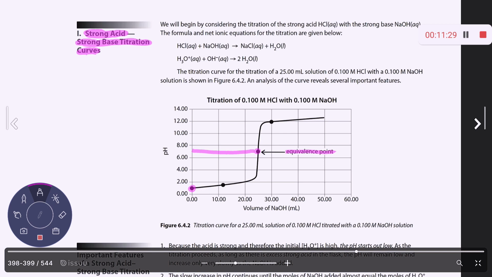And here in this curve, NaOH is added to HCl. And we know that because we're starting at the really low pH. If I was going the opposite direction, this would be inverted. Okay, let's take a look at the next page.